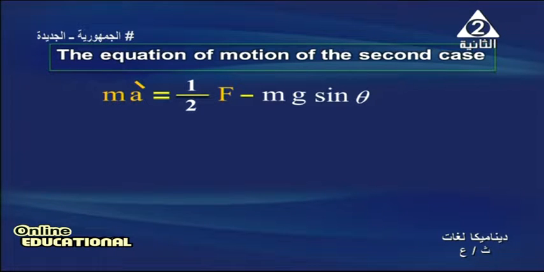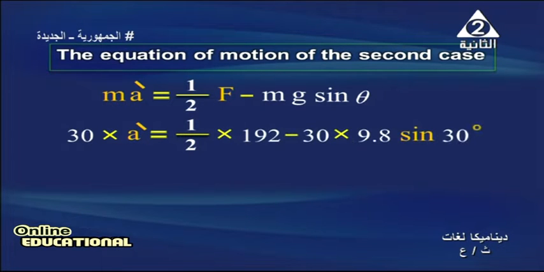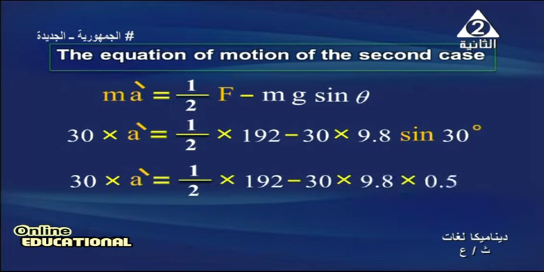Then 30 times a dash equals half times 192 minus 30 times 9.8 times 0.5, where 0.5 is the value of sine 30. Then the acceleration equals negative 1.7 meter per second squared.